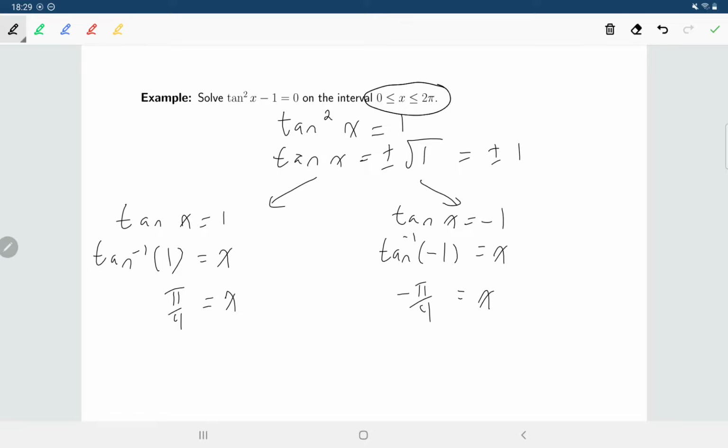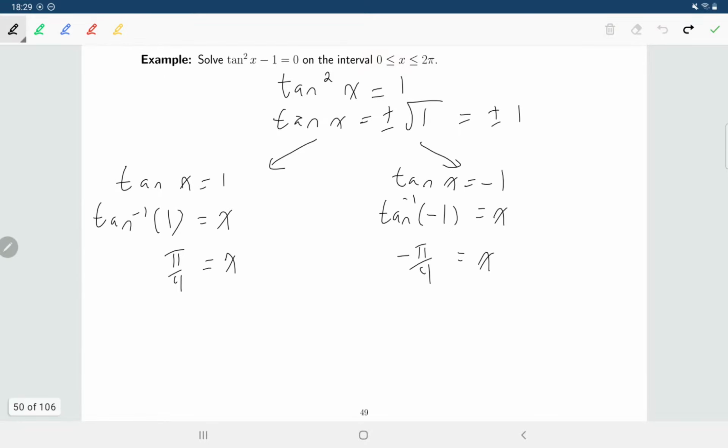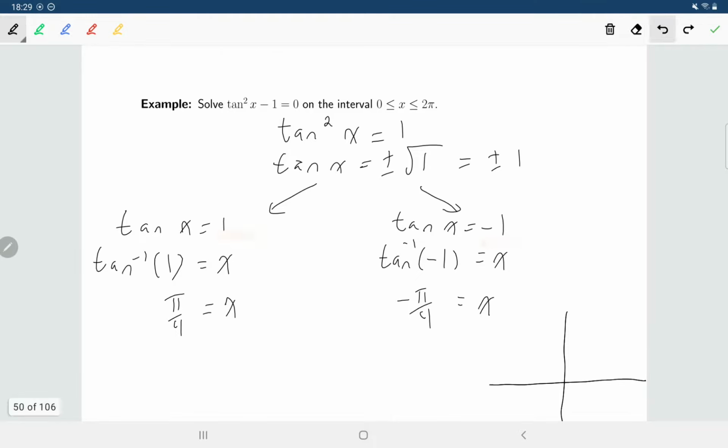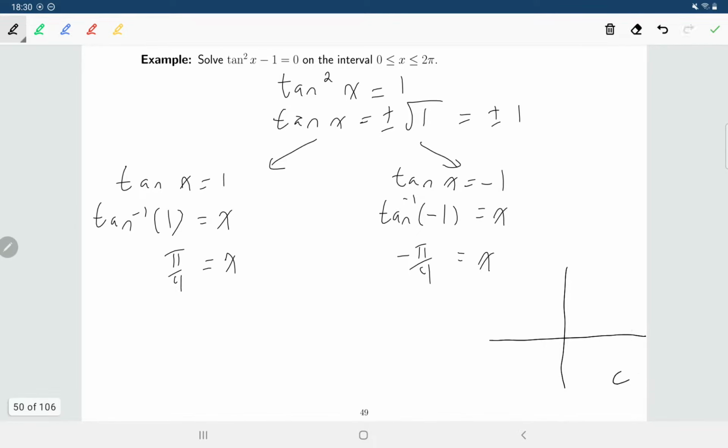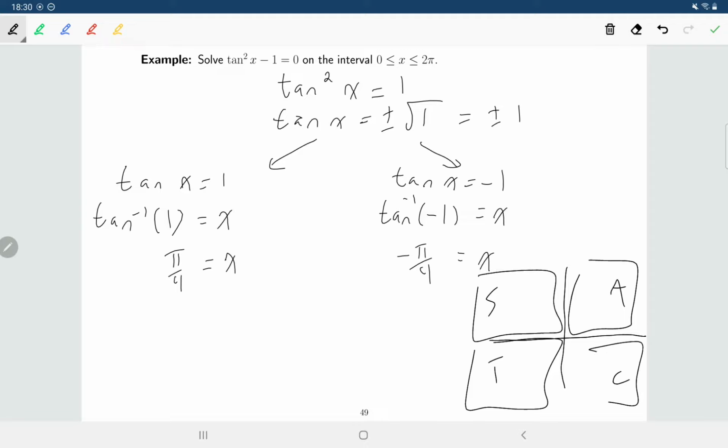We're looking to solve over the interval from 0 to 2 pi, so we're looking at all the values within one full revolution, and we're looking for tangent to be equal to +1 or -1. And we know that there's two quadrants where tangent is positive, quadrants 1 and 3, and there's two quadrants where tangent is negative, quadrants 2 and 4.